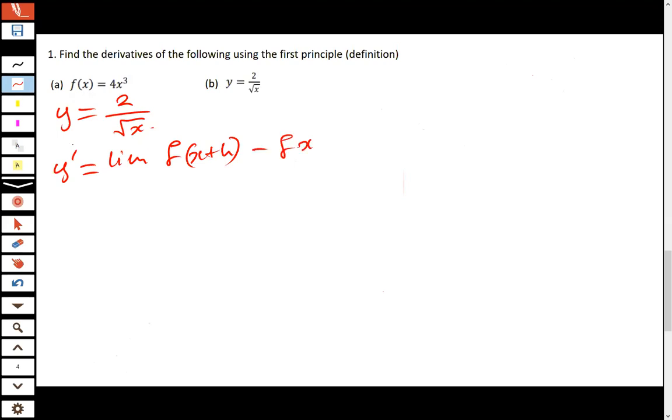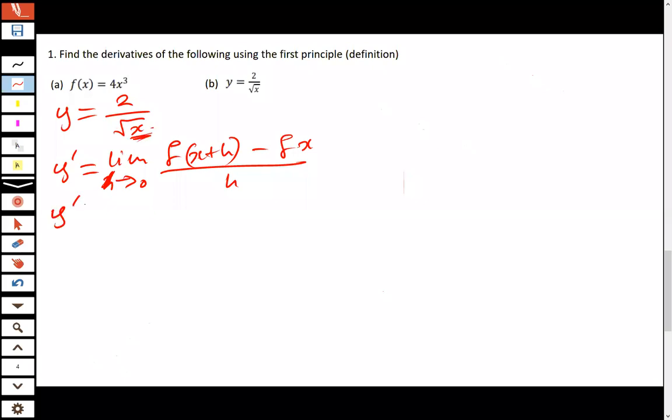So in this case, we're dealing with y. So our f of x is equal to y. So if you want, you can just say let f of x be equal to this expression. But even just writing like this is not a problem. So we have this as h is approaching 0, then everything divided by h. So we can put x plus h where there's x.